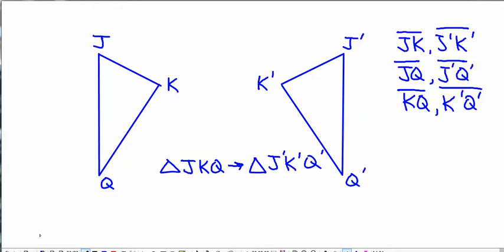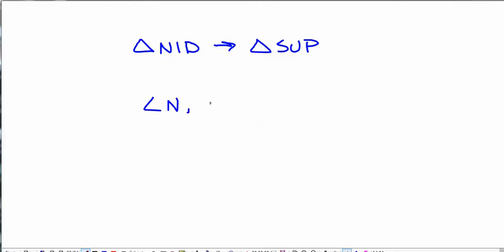Now, in this description, triangle NID, let's say triangle NID transformed to triangle SUP. Yeah, now they don't use prime notation. So what angle corresponds to angle D? Or I'm sorry, angle N?